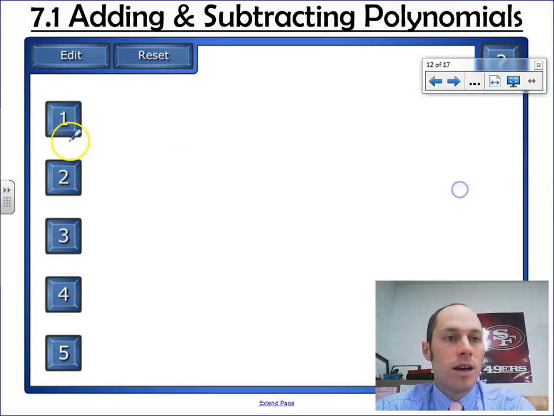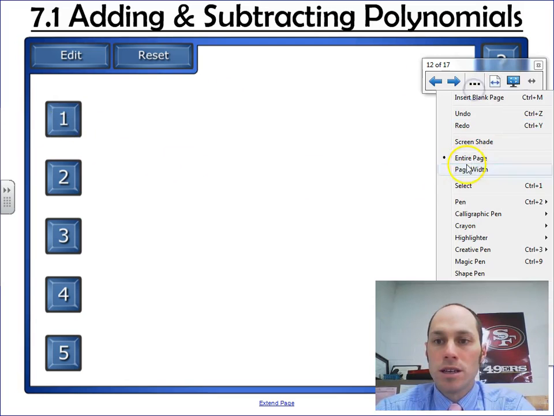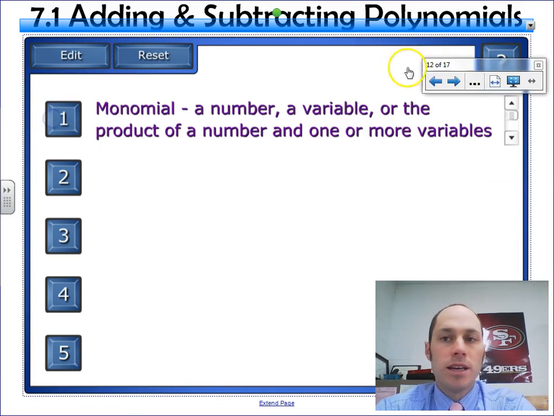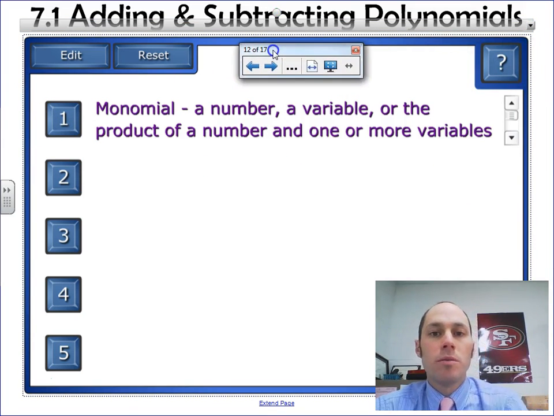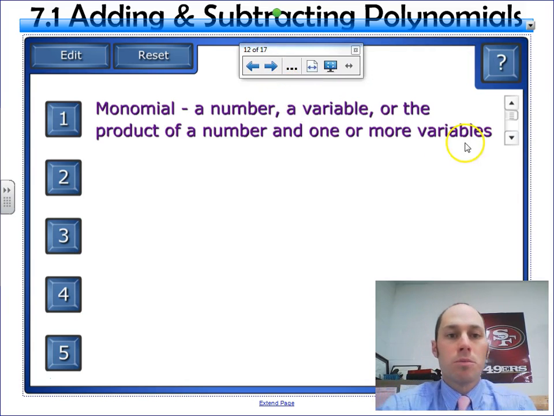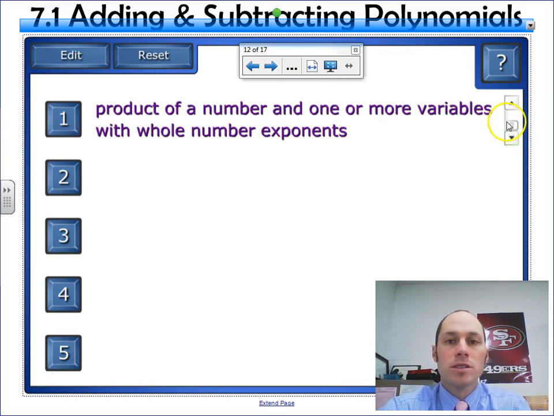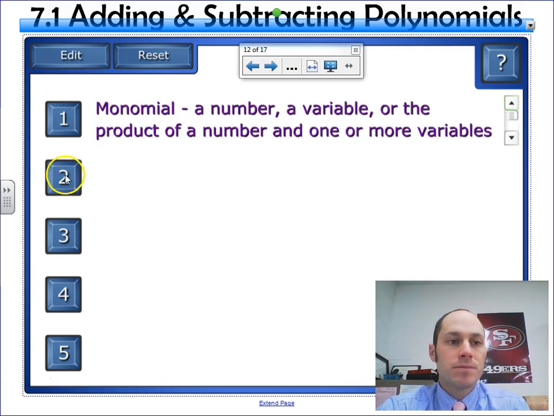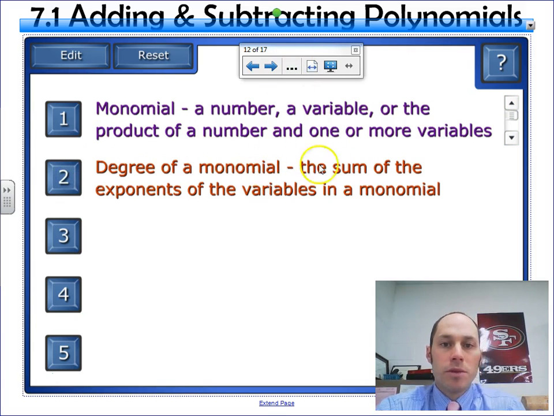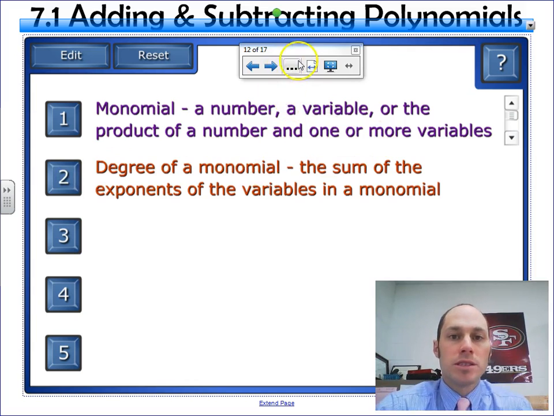So the first thing we want to understand is a monomial. As I mentioned before, a monomial is a number, variable, or product of a number and one or more variables, and those need to have whole number exponents. So they can't be rational exponents or variables. The degree of a monomial is the sum of the exponents of the variables.